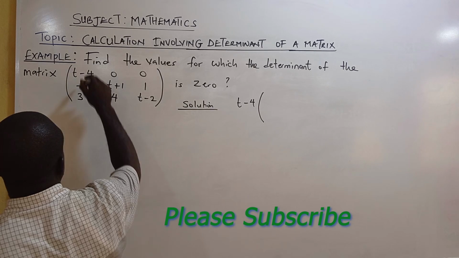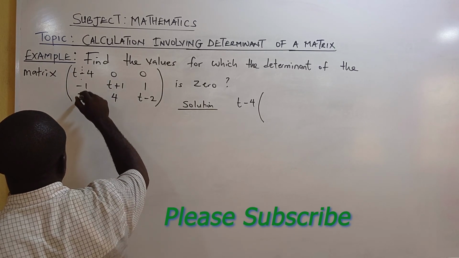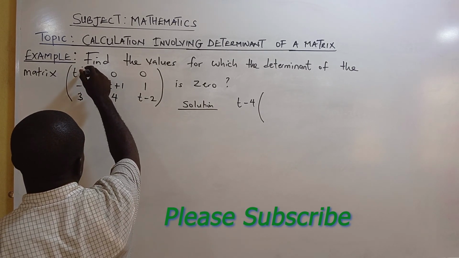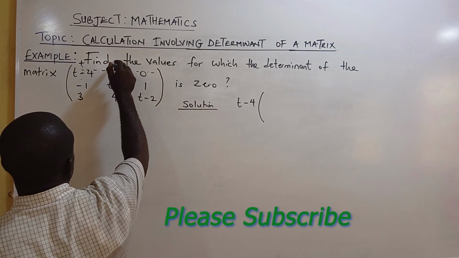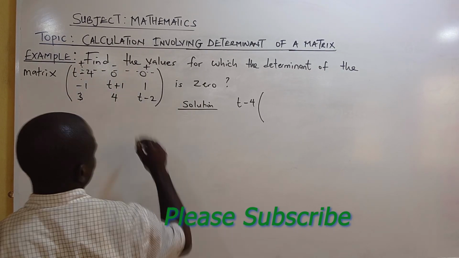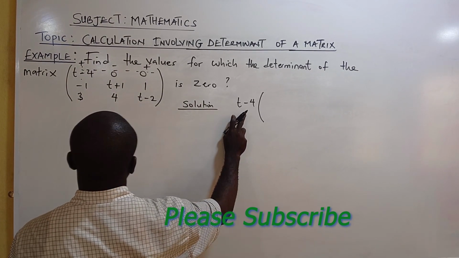To cancel this out, when you are taking it horizontally and vertically, cancel like this. Don't forget we have positive, negative, positive. We have t minus 4.